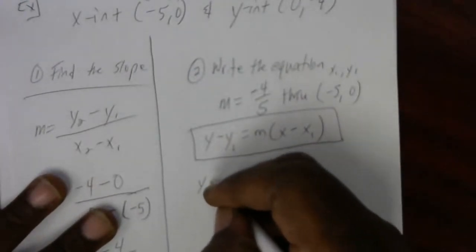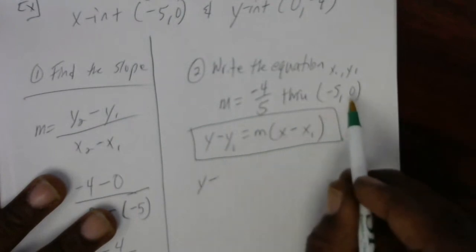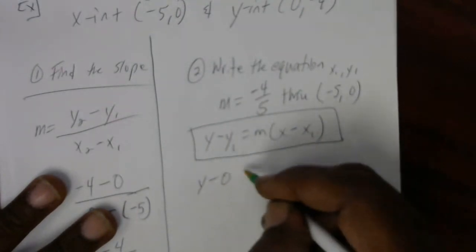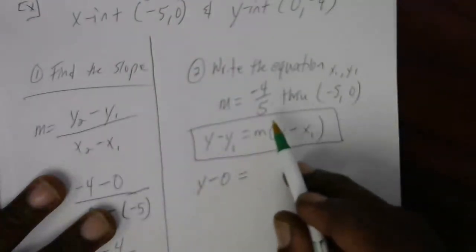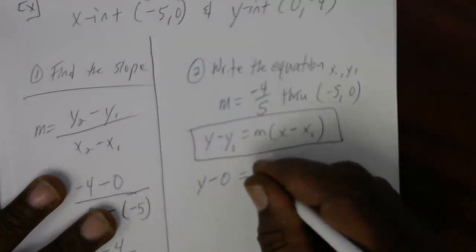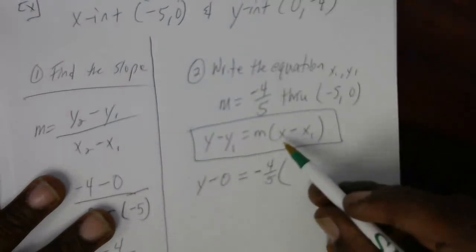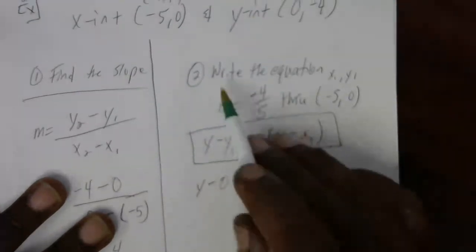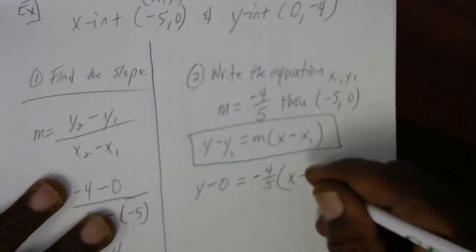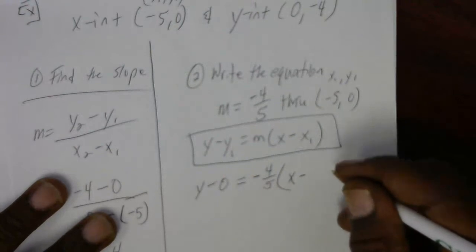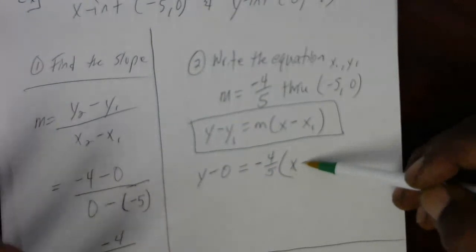So we have y minus y sub 1, which is 0, equal to m, which is -4/5, times a quantity x minus x sub 1, which is -5. This is where you have to be careful.